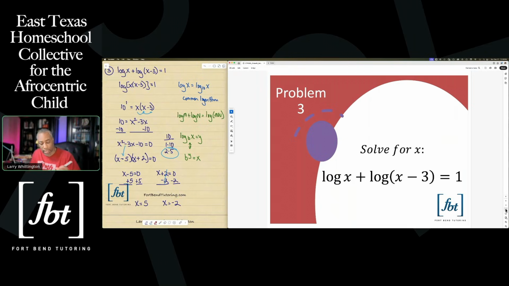So that means that this particular solution is called an extraneous solution. We cannot use that in the problem solution set, okay? So we're going to ignore it altogether, and the only answer to problem number 3 is 5. Red boxed it, just like that, all right? That was problem number 3, guys, and now we'll move on to problem number 4.